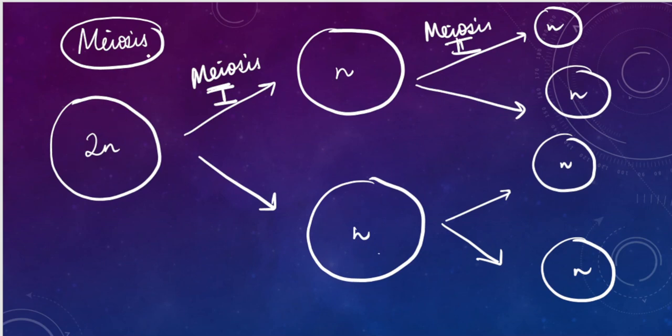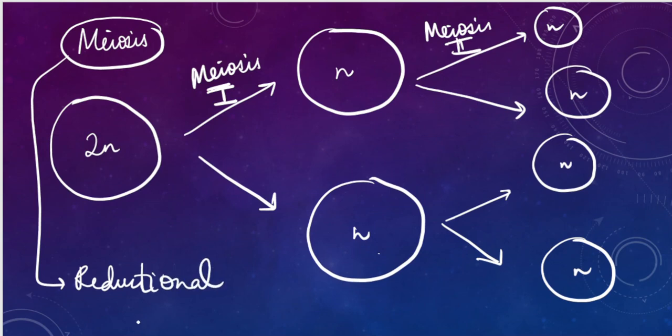In meiosis, there is reductional division, which means the chromosome number gets reduced by half. Like here, if it is 2n, it will become n. Here also n. But in meiosis 2, what happens?